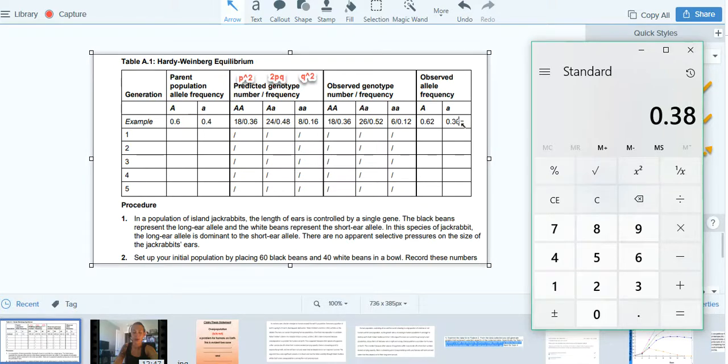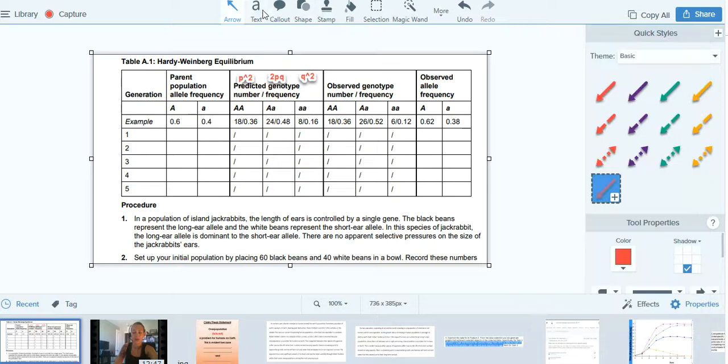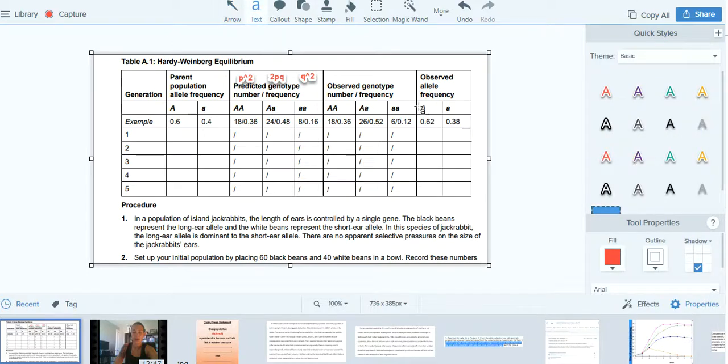So then the next important part is that whatever observed allele frequency you get at the end of a parent population, in this case the example, you're going to use that for the next generation. So here I'm going to carry down my observed allele frequency 0.62, and I'm going to put that right here, 0.62. Remember your leading zeros.